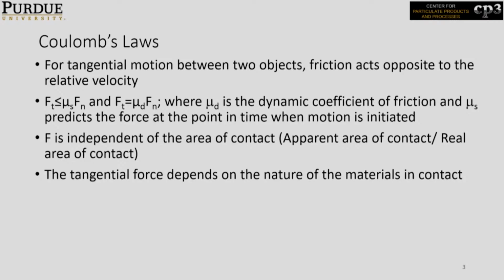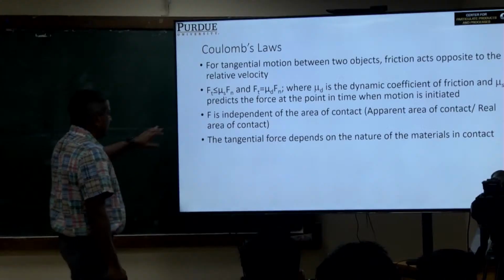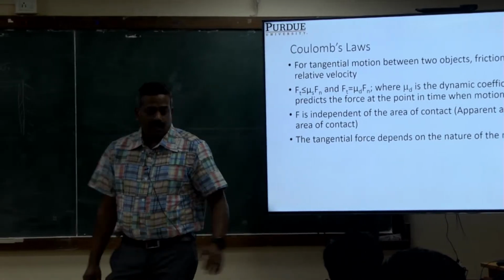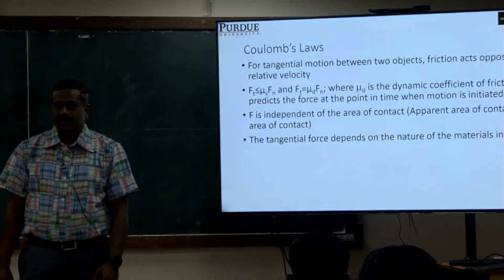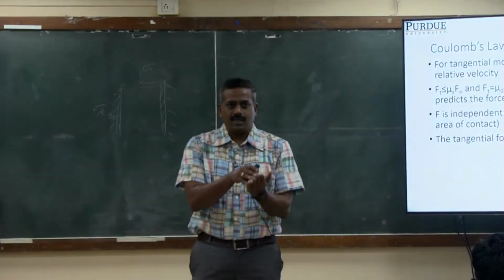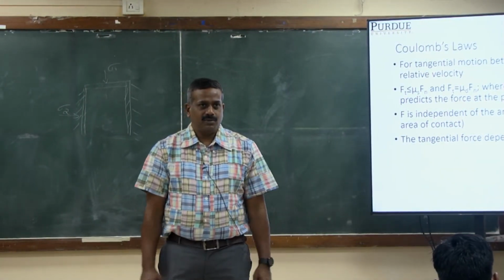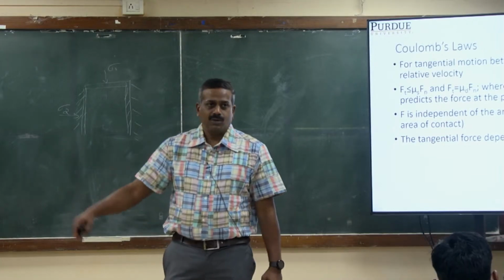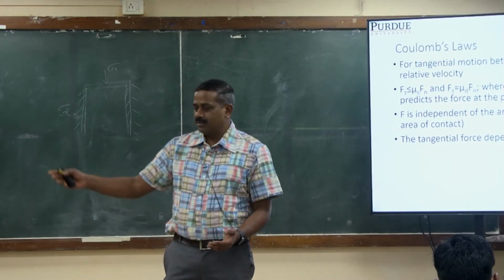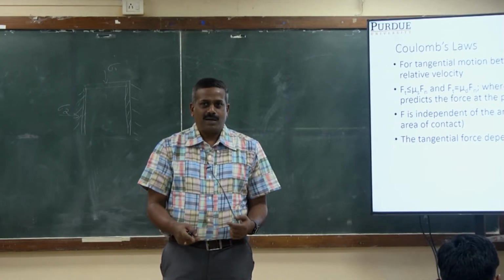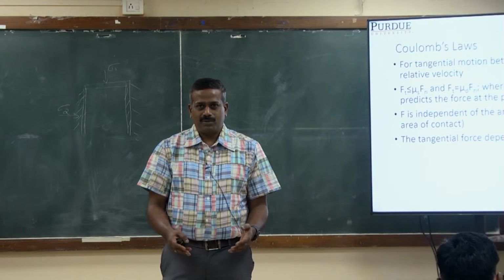Again, most commonly, the tangential force, the force it takes to move one surface over the other, depends on the type of the material or nature of the materials that are in contact. Okay? You would have seen, right? When you are riding a bike, if you ride on a tar road, or on a brick road, or on a concrete road, the amount of pedaling that you have to apply will be different, right?